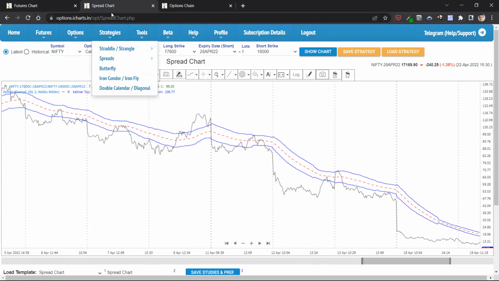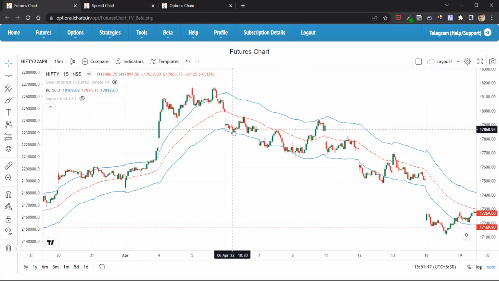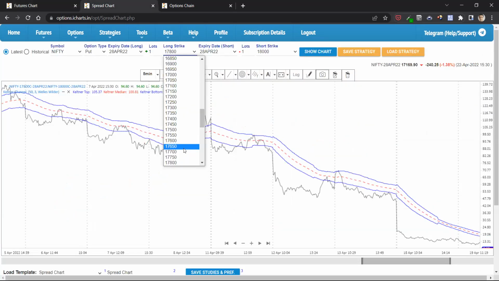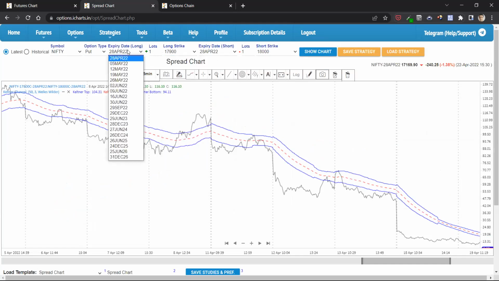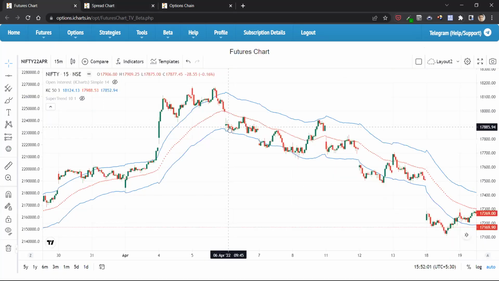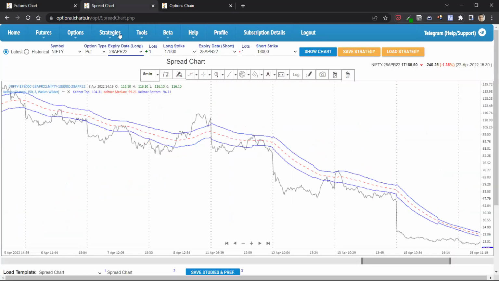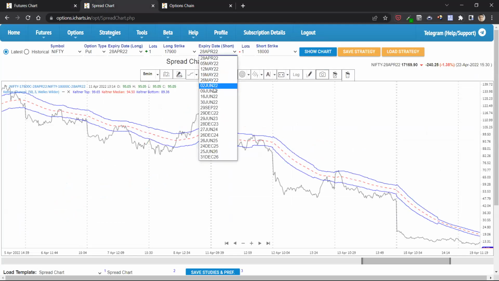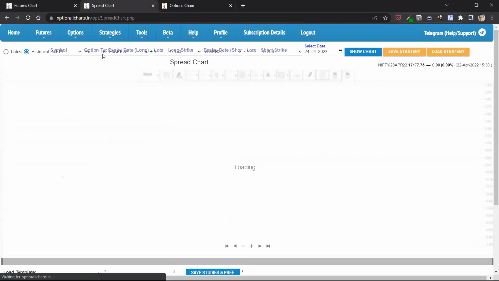Suppose let us take the same one, put. And when we got this over here, it was 79. So I would say just at the money, this was 6th April. The expiry after 6th April was, oh sorry, I would have to go historical.